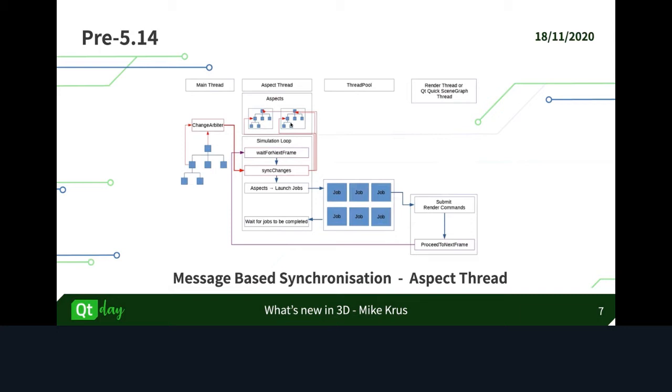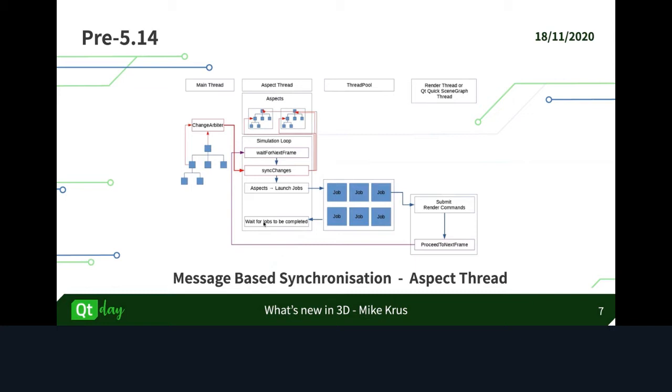Once all these messages have been dispatched, we know that the backends are synchronized with the front end. The state has been copied across, and we can then run the jobs. The aspects provide a list of jobs that need to be run, and these jobs have dependencies. You need to calculate the bounding volume before you can do picking and so on.